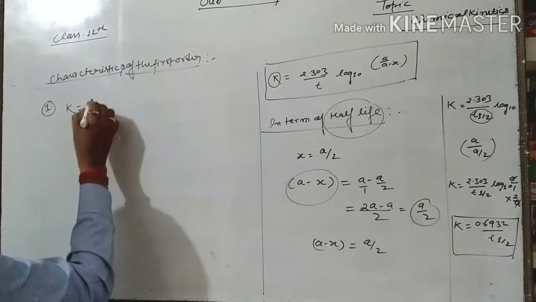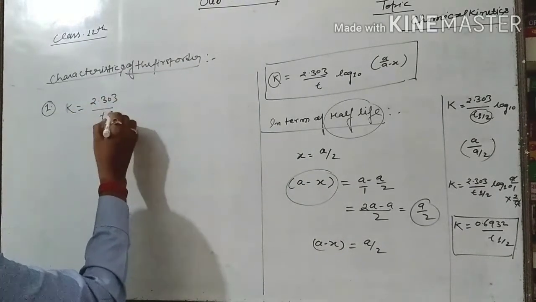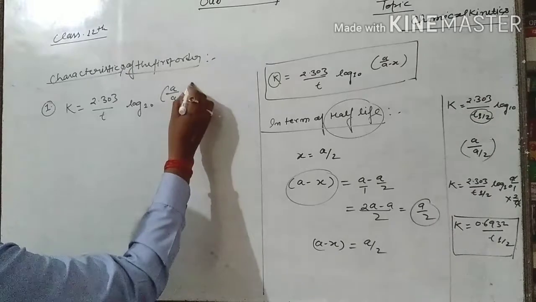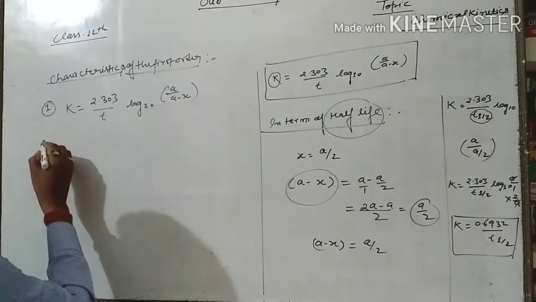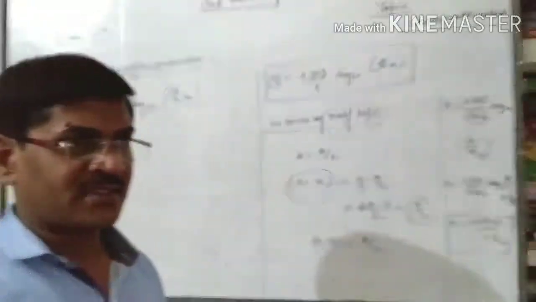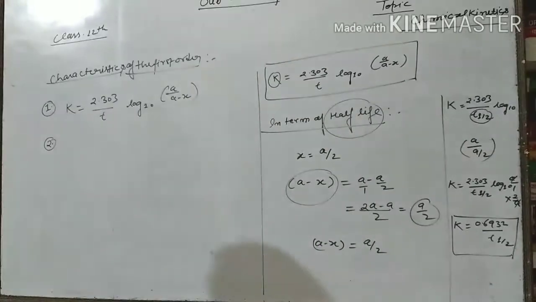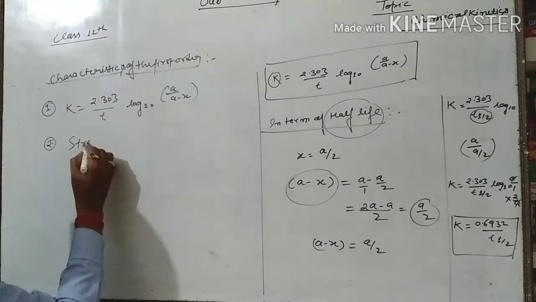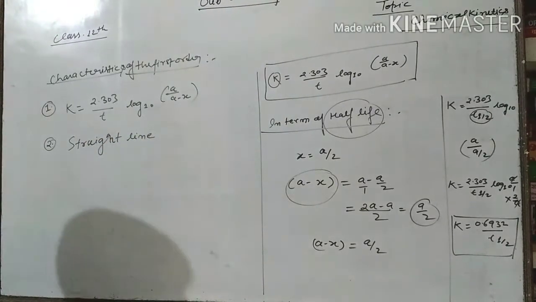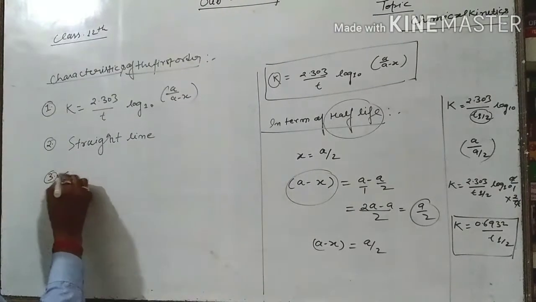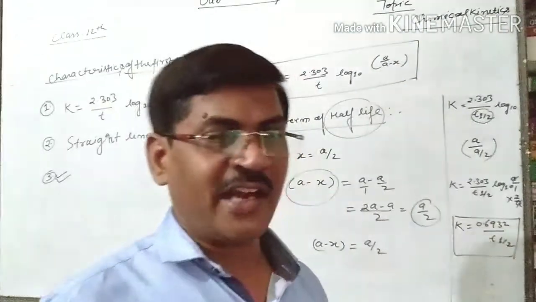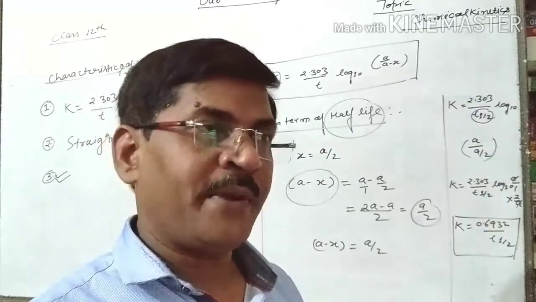It means k is equal to 2.303 upon t log 10 base a upon a minus x. Second, if you plot a graph between concentration and time, you will always get a straight line. Third, that one is very important for all of you. If you increase the concentration n times, the rate of the reaction also becomes n times.